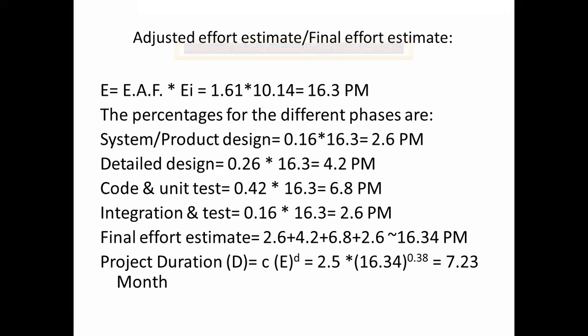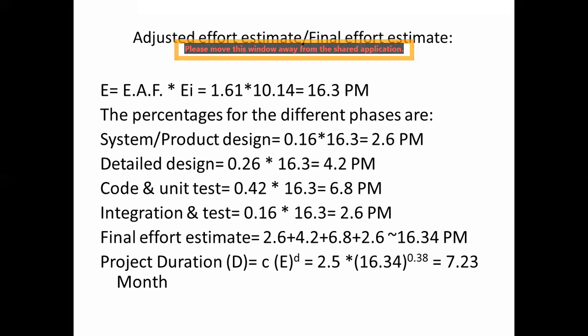Again, against the organic type. Because initially you have already mentioned that the type of the project is organic, so choose the value of c and d from the next table. The value is fixed for each type of project.